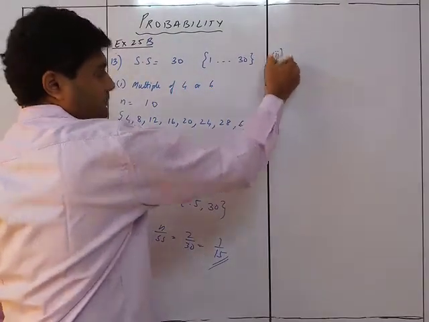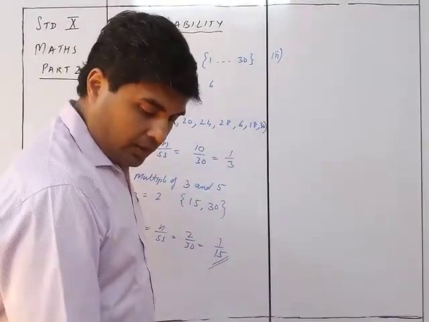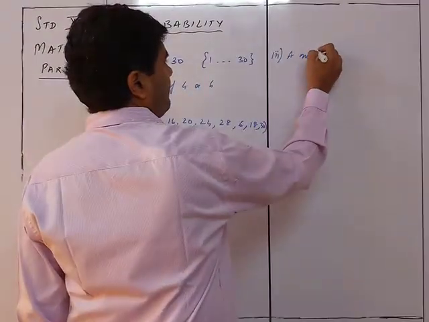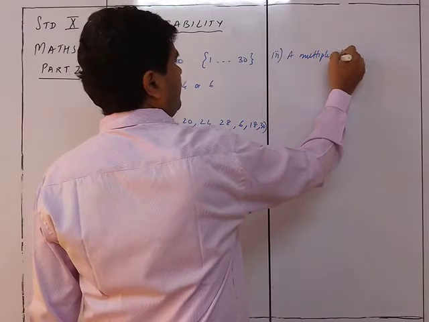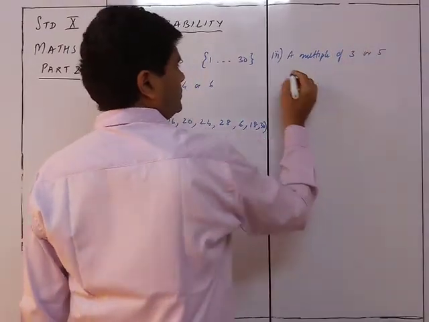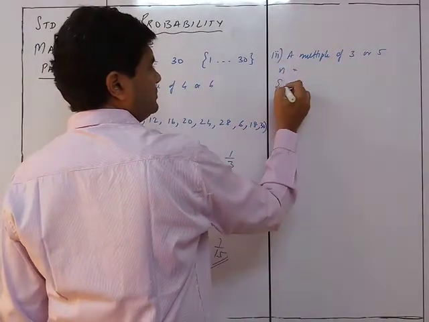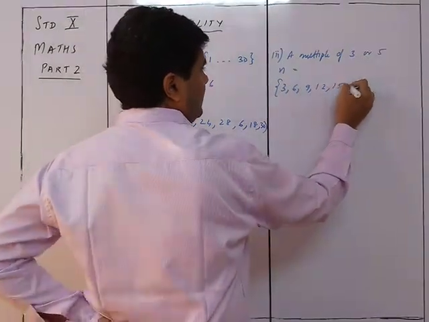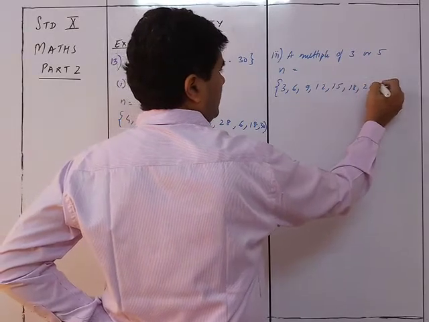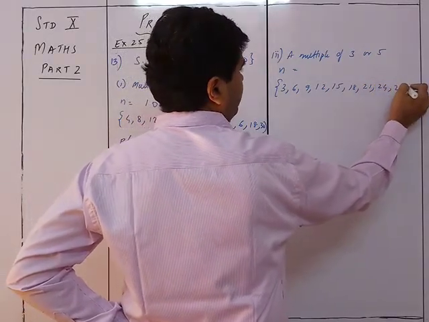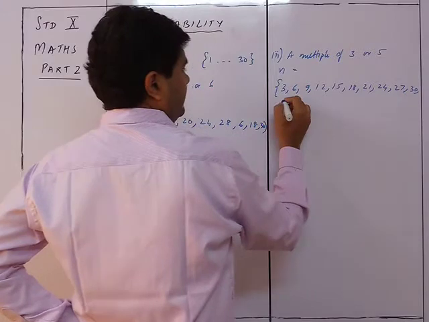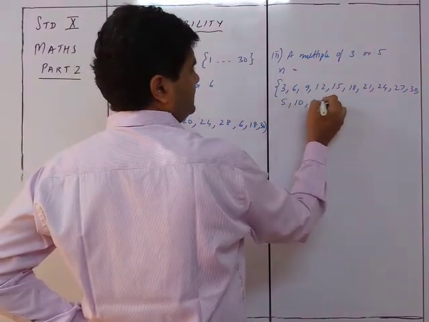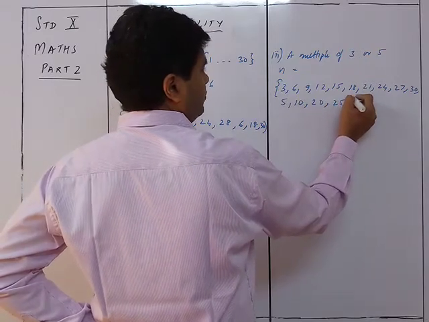The third one, 3 or 5. A multiple of 3 or 5. So then in that case we'll need to write down. So it will be 3, 6, 9, 12, 15, 18, 21, 24, 27, 30, and then we do 5, 10, 15 is already there, 20, 25, 30 is already there.